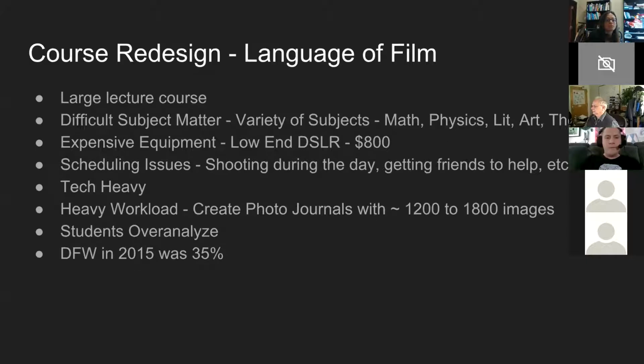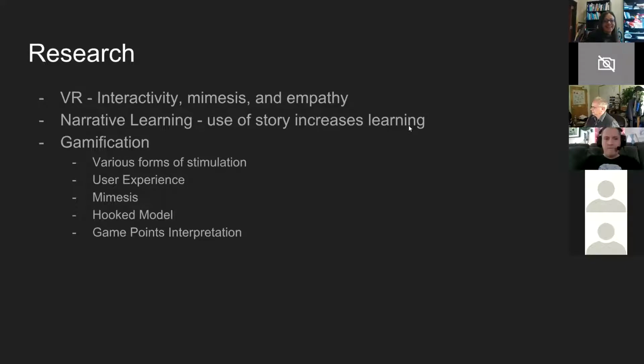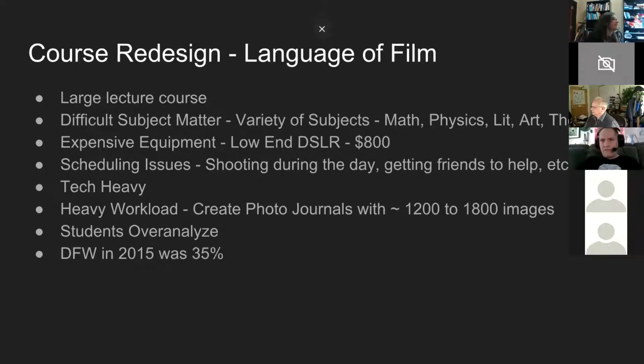I'll go over that. So basically, my issues were I had a large lecture course. It's a really difficult subject matter. It's language of film. Most people come in thinking it's coming in and watching films for a few hours and that's it.